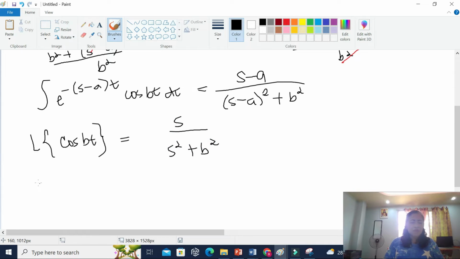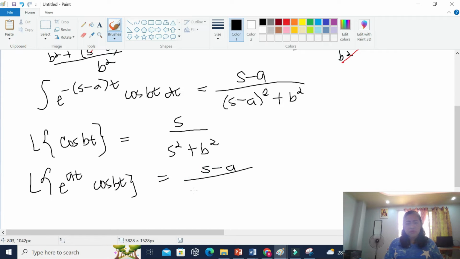When you take the Laplace of E to the AT cosine of BT, the S is shifted by minus A, giving (S minus A) over (S minus A) squared plus B squared.